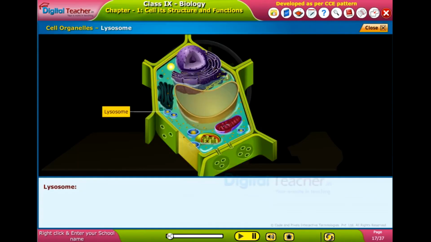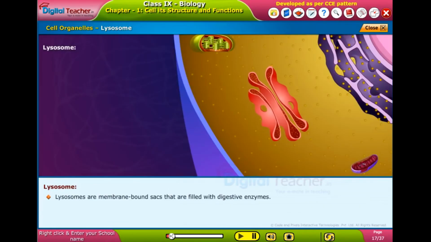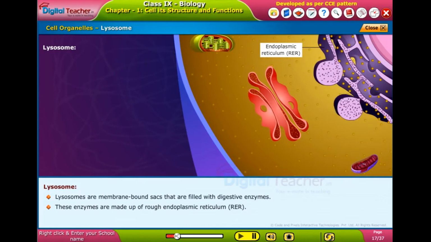Lysosome. Lysosomes are membrane-bound sacs that are filled with digestive enzymes. These enzymes are made in the rough endoplasmic reticulum or ER.